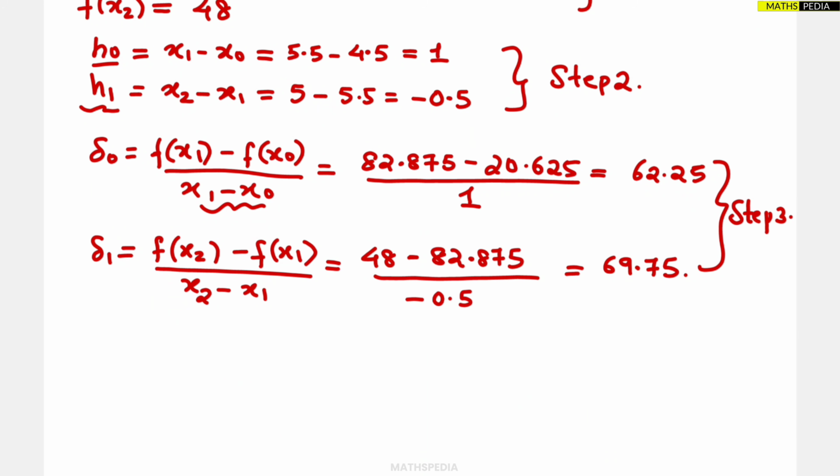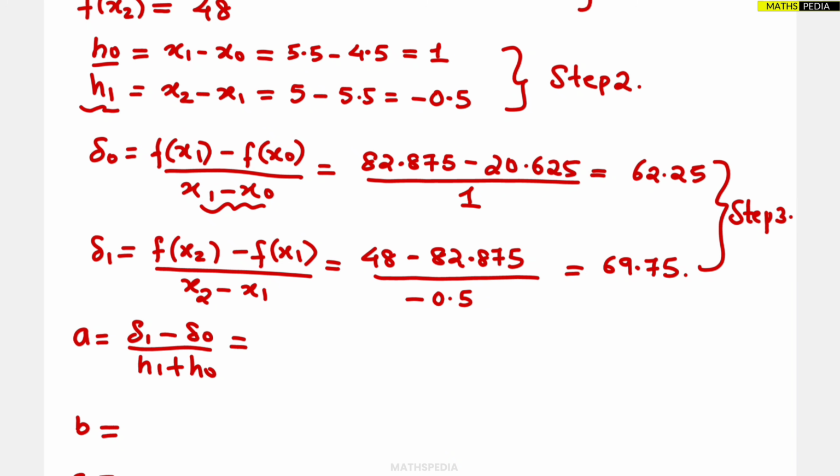Let us go for step number 4. Here we have to find the A, B, C values. Now what is the A value? A value is delta 1, whatever we found, minus delta naught, divided by h1 plus h0.